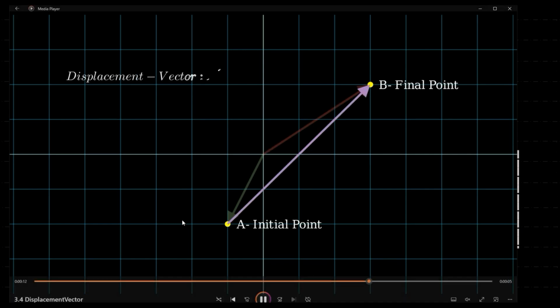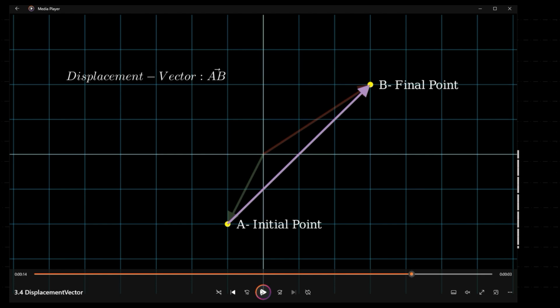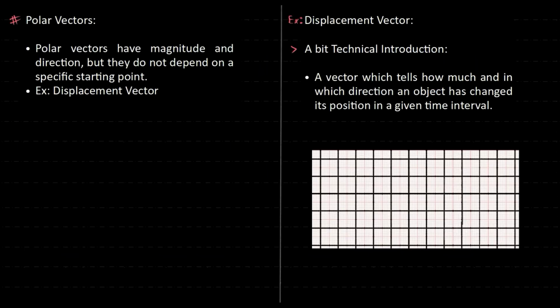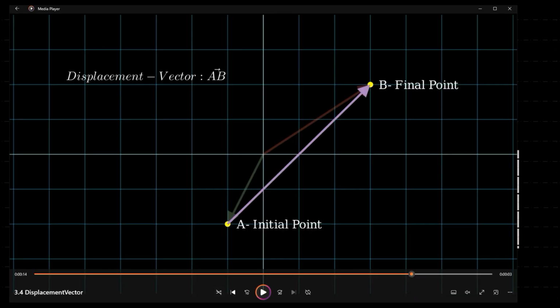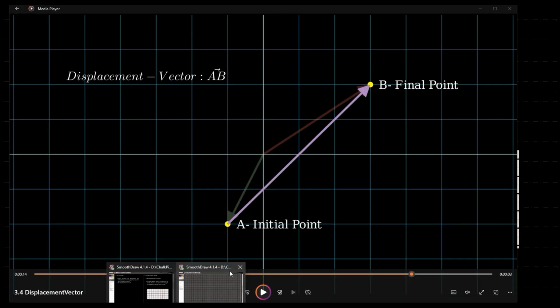So vector AB is our example of displacement vector because we don't need to have a definite starting point. It can be any random starting point. So you guys can put an example over here, same as this. I'm not going to draw that.